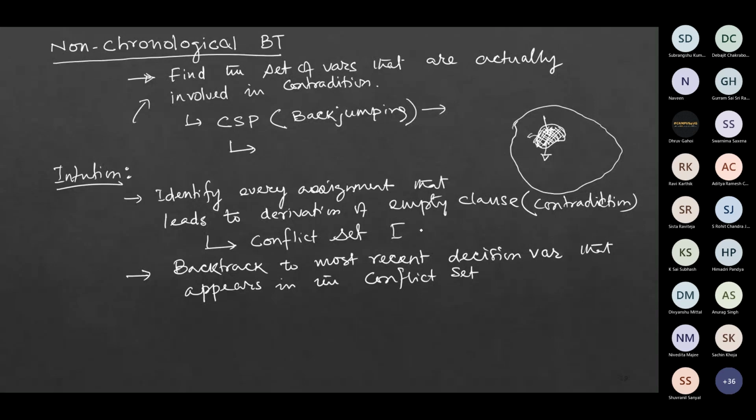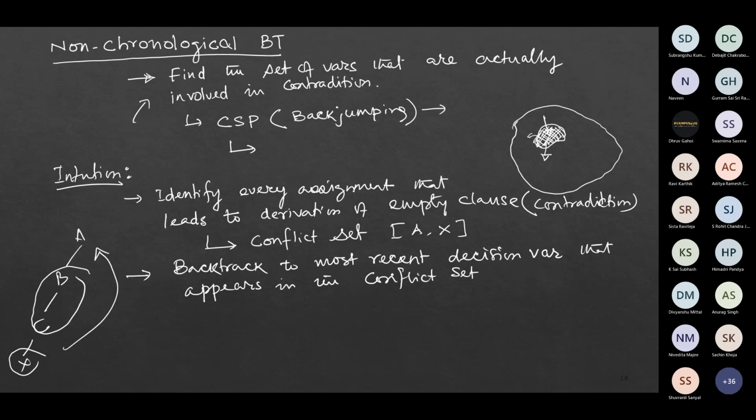Let's say you have made an assignment from A to B to C to X as we did earlier, right? Now, in the conflict set, we will not have B and C because they are not participating in this contradiction. So the only variables participating in this contradiction are A and X, right? Now, as we have exhausted all the options in X, we'll be directly backtracking to A, which is the most recent decision variable in the conflict set, right? And then we will try out its different value.